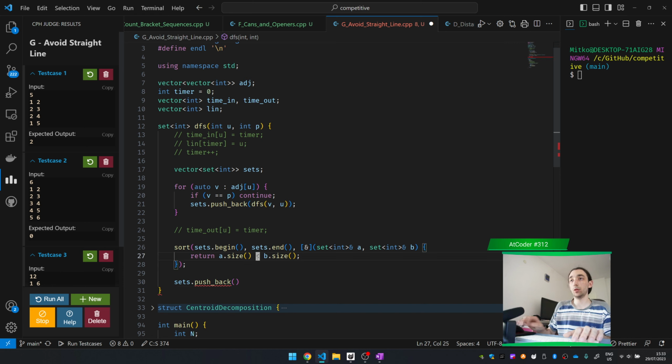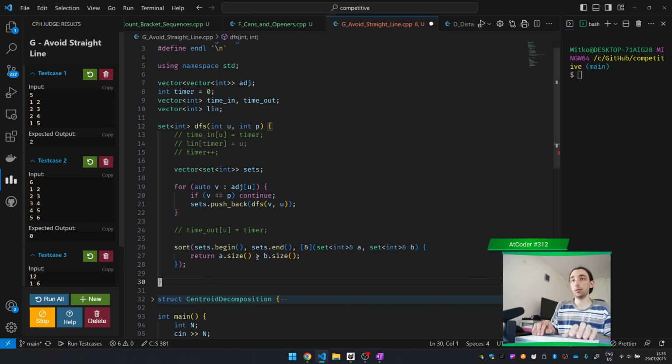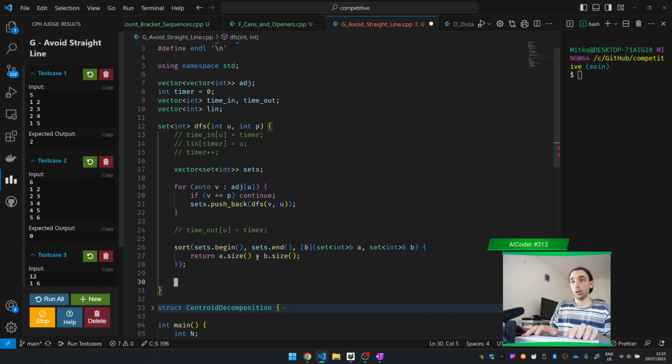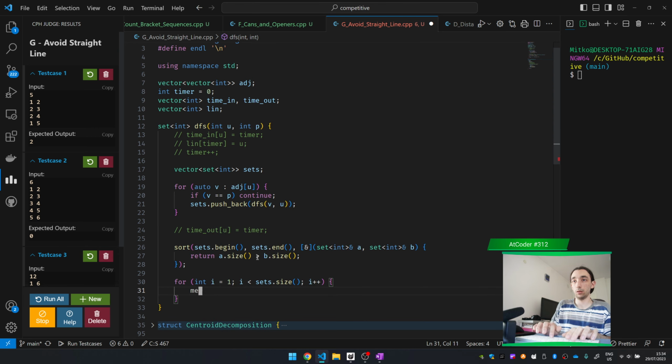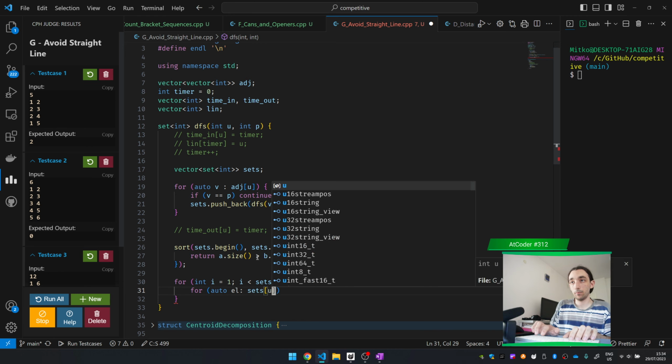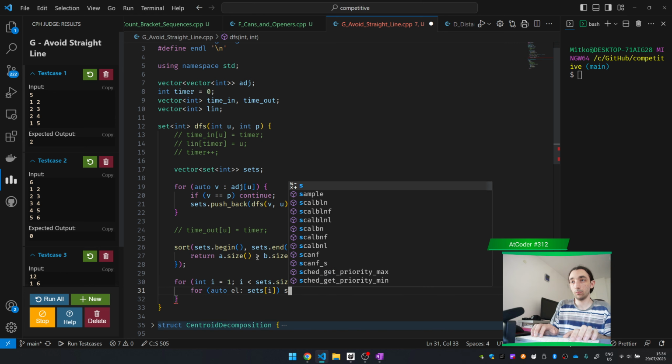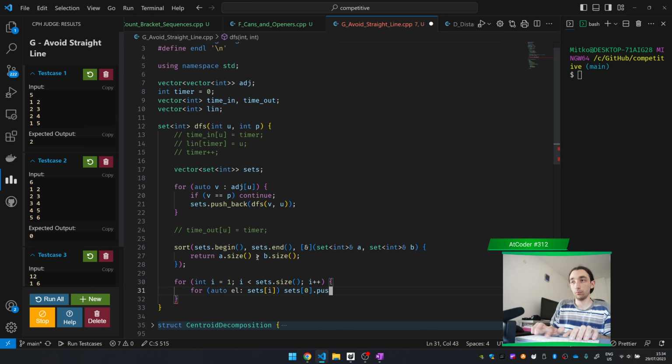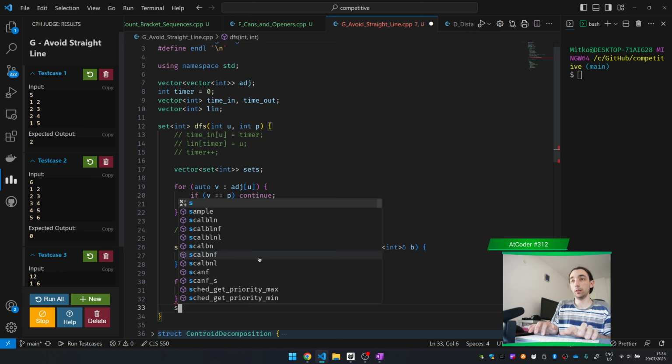You want to merge these, and then you want sets for each size. You want to push back the elements, and the set is 0.